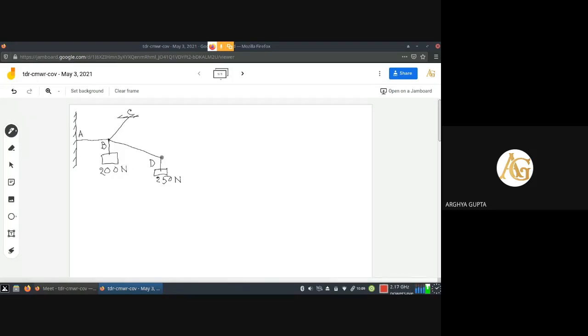And just at point E. So A, B, C, D, E, and the angles are given.